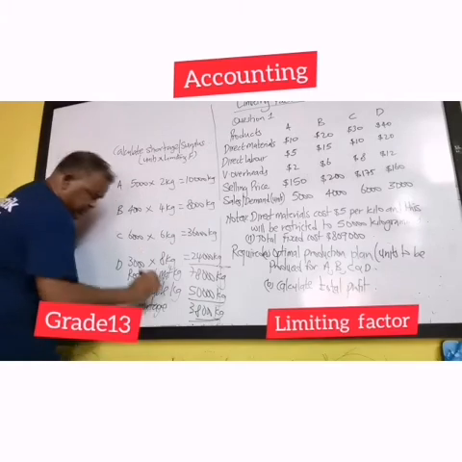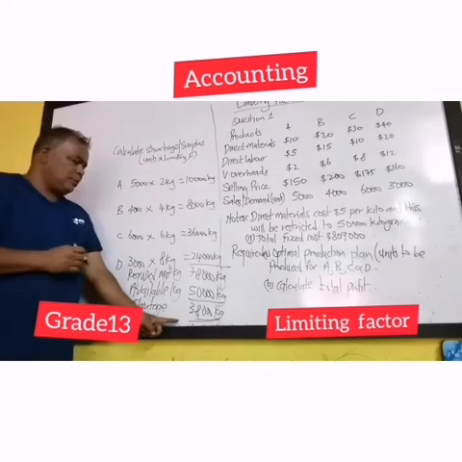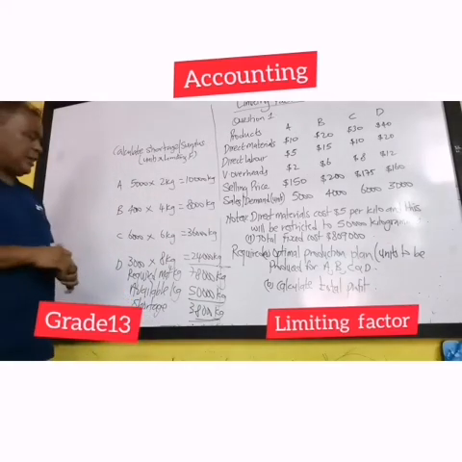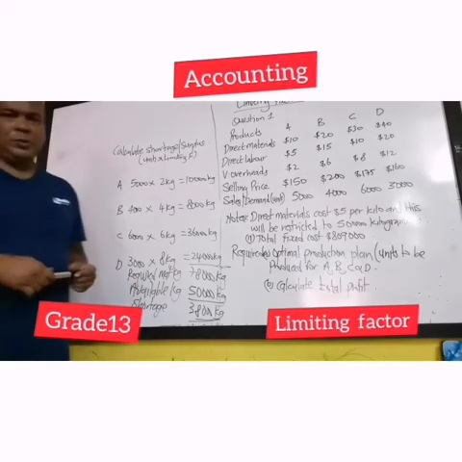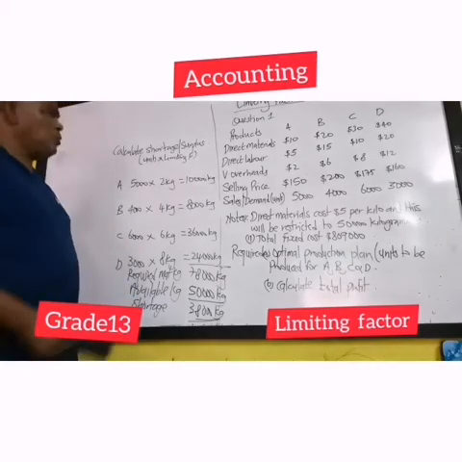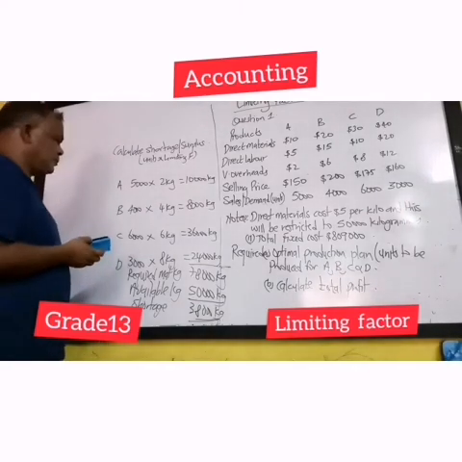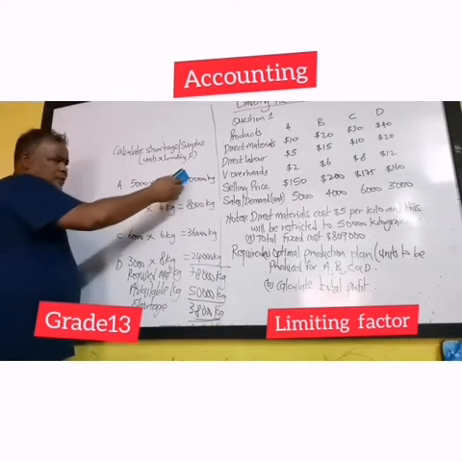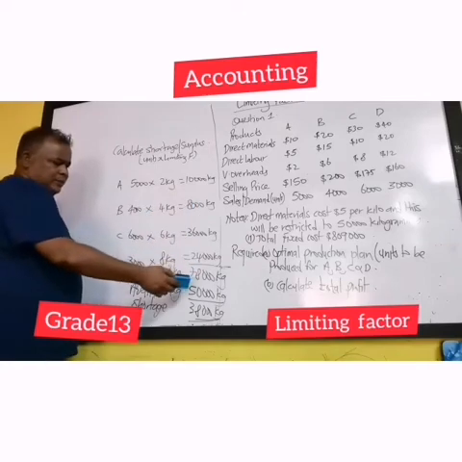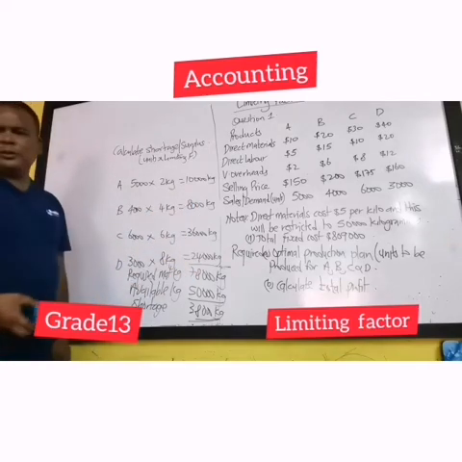So when there is a limiting factor, we will need 38,000 kilograms more. So we cannot produce all products A, B, C, D, etc. equally. So here we have 38,000 kilograms.